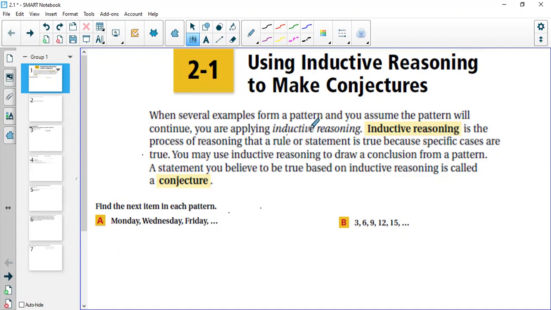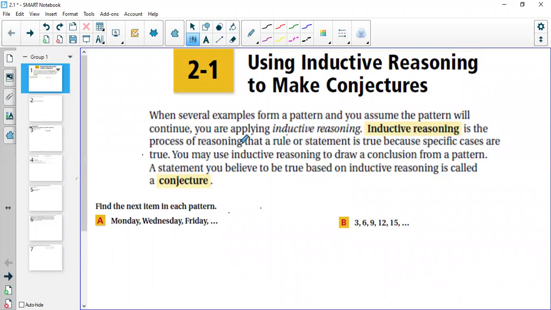When several examples form a pattern and you assume that the pattern will continue, you are applying inductive reasoning. Inductive reasoning is based on a pattern of events which are happening, or a pattern of a rule which is followed. So inductive reasoning is related to patterns.